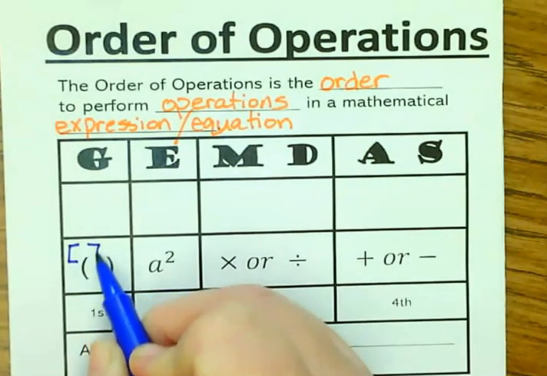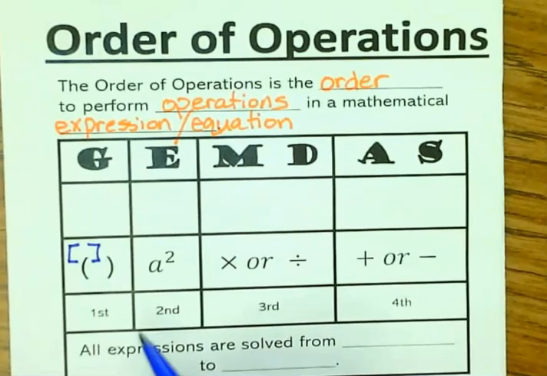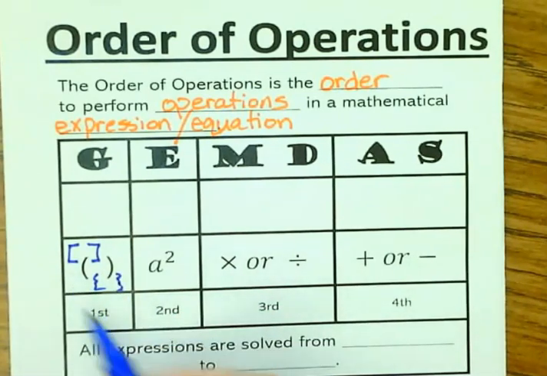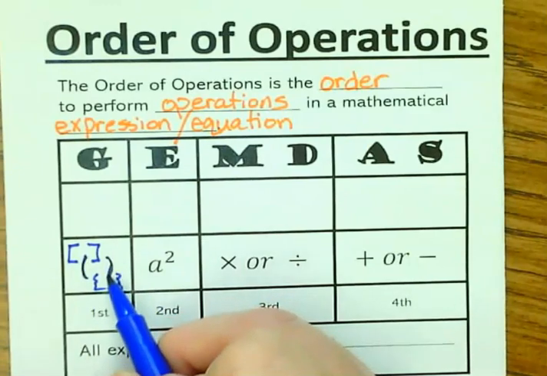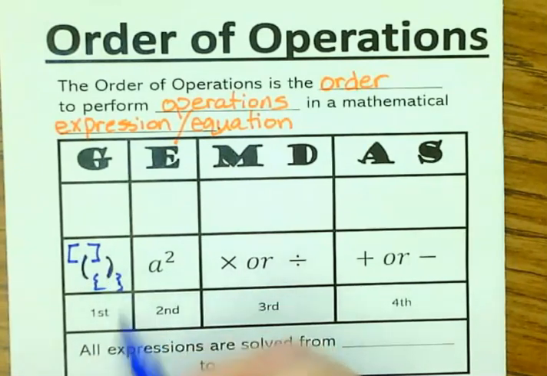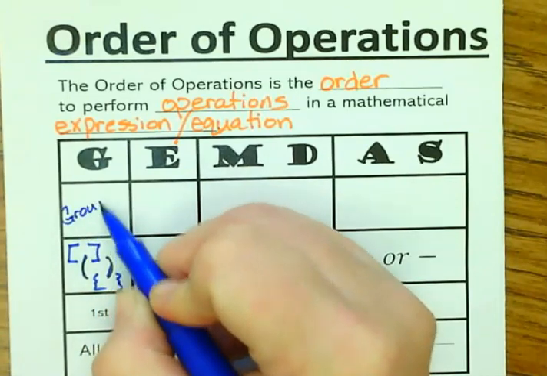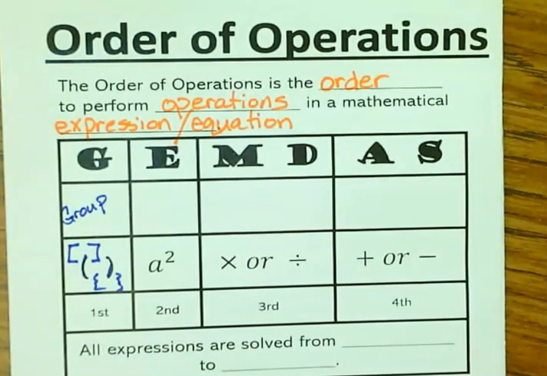So this is a bracket, and this would be an ellipses. But in math, the brackets, the parentheses, the ellipses, they all do the same thing. They are grouping. Okay? So the first thing you're going to do is look and solve everything that's in a group.